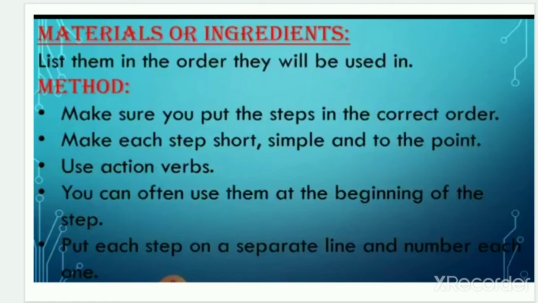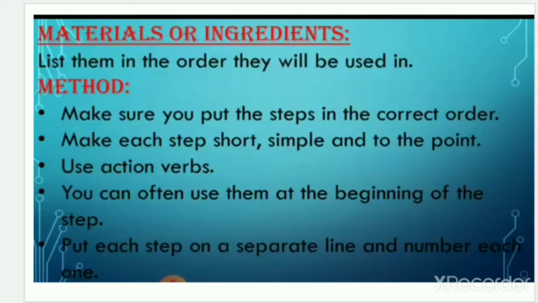Put each step on a separate line and number each one. Whenever you are doing this, make each step separate and give it a number. First of all, arrange them in the correct order.